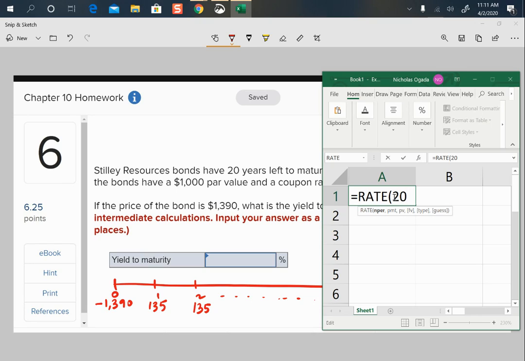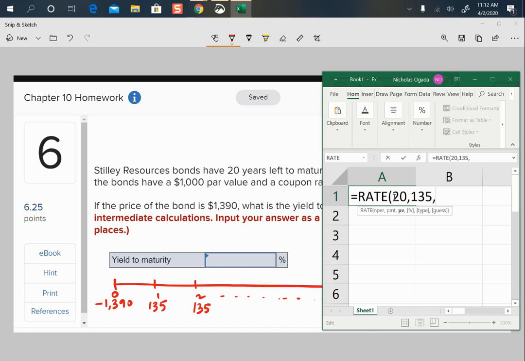So we have 20 years left. In terms of payment, that is the interest payment, this bond is paying $135. Remember, this is a cash inflow, so we're just going to enter this as a positive value. And then the present value of this bond. Today, this bond is selling for $1,390, which is basically the present value of all those future cash flows.